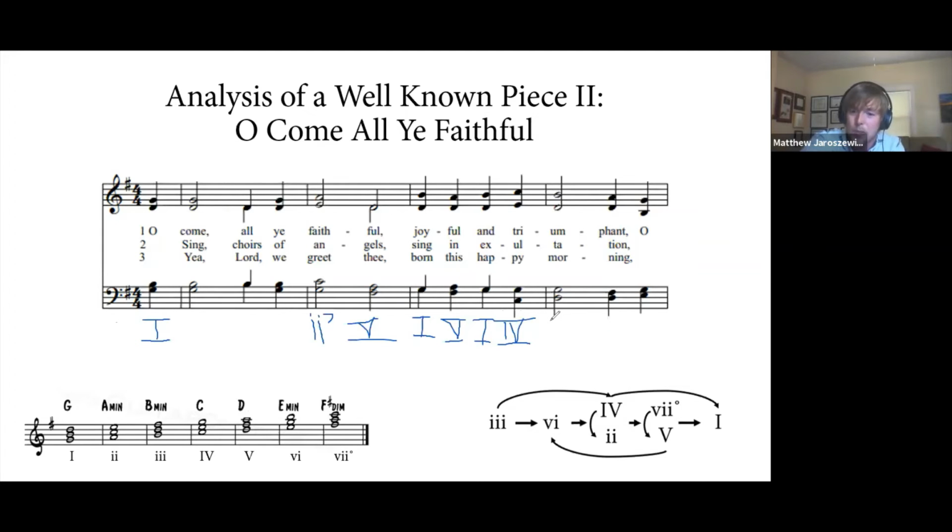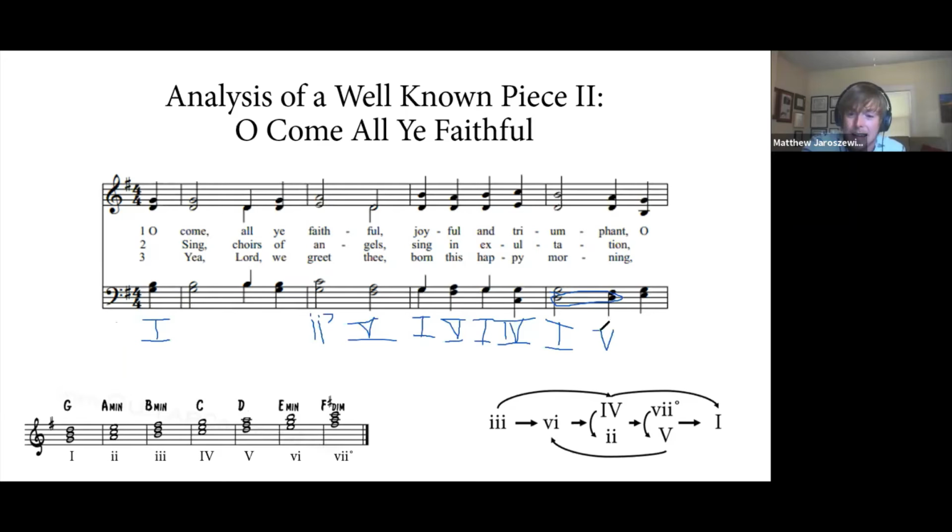It can also, of course, go to 1 in second inversion, which sets up our authentic cadence. And in this case, that is what it is going to do. 1 in second inversion, leading to 5, where the D in the bass stays the same. You can see that right there, the same note in the bass.